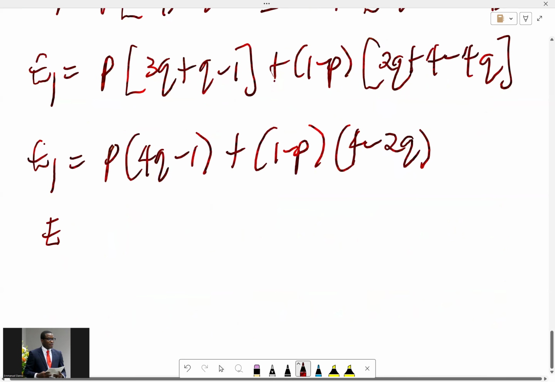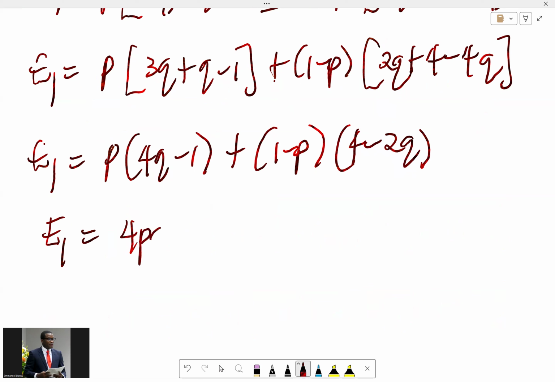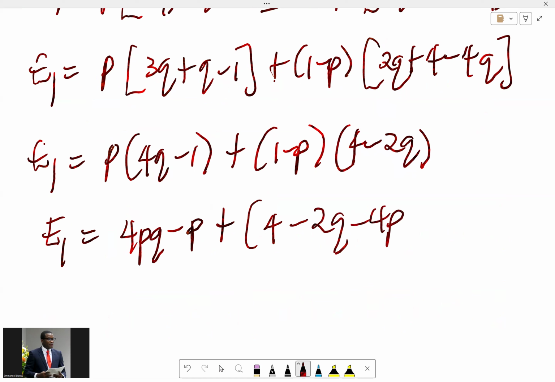So E1 now is equal to, we can open things up. We have 4PQ minus P, plus 1 times 4 is 4, 1 times minus 2Q is minus 2Q, minus P times 4 is minus 4P, and minus P times minus 2Q is plus 2PQ.